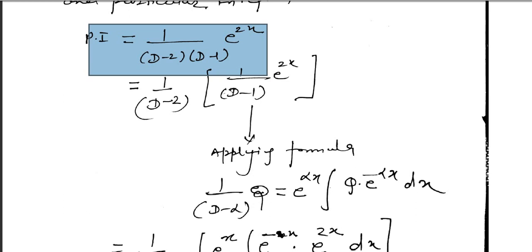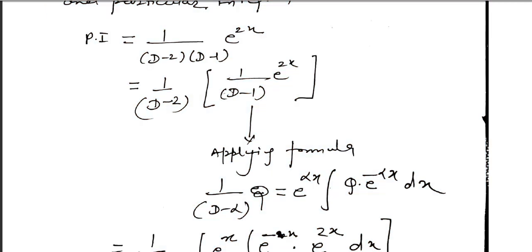First we solve for D minus 1, meaning we take D minus 1 in the bracket. So first we apply our general formula on the term 1 upon D minus 1 e to the power 2x. After applying the formula we get some result. Then we apply the result on the second term, that is 1 upon D minus 2.